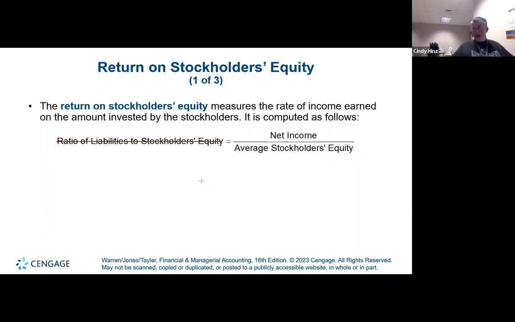Remember, the contributed capital part of the book value represents the original or initial contributions, initial investments by the stockholders. And we hope, certainly as an investor, that the market value of the equity continues to increase. And that is not reflected on the company's balance sheet.